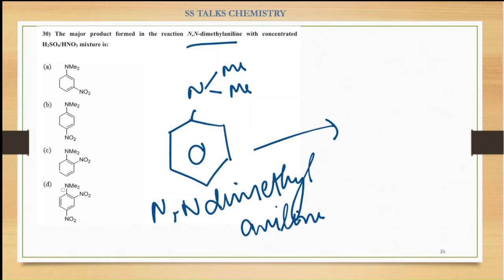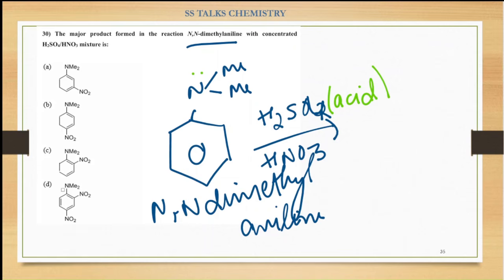Now this is treated with a mixture of H2SO4 and HNO3. Basically they are trying to do the nitration process. During nitration, in the case of aniline-type molecules, the nitrogen atom contains a lone pair of electrons, and in the reaction medium we have the presence of acid.